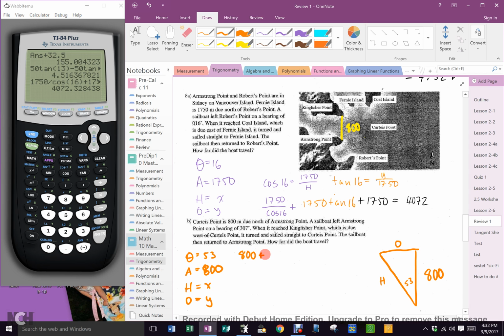$800 plus, now A and H, adjacent over hypotenuse. So it's going to be 800 over cos 53 plus 800 times tan 53.